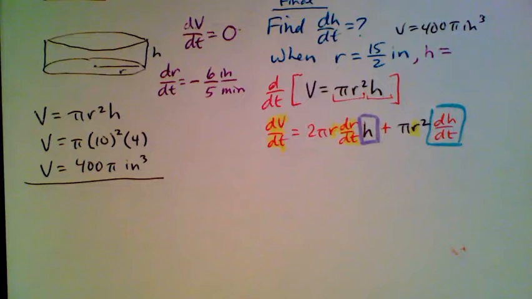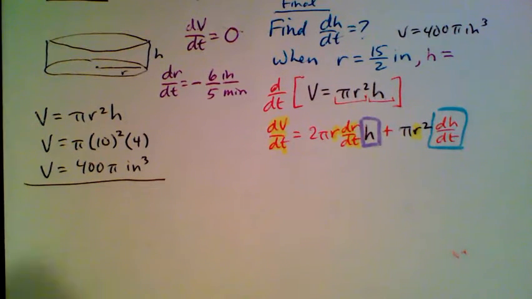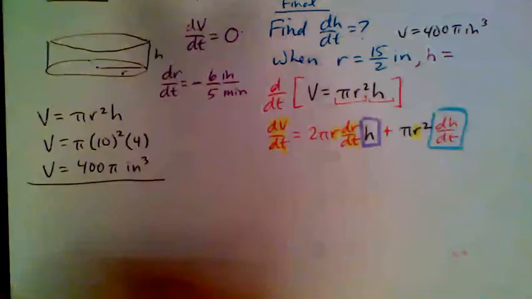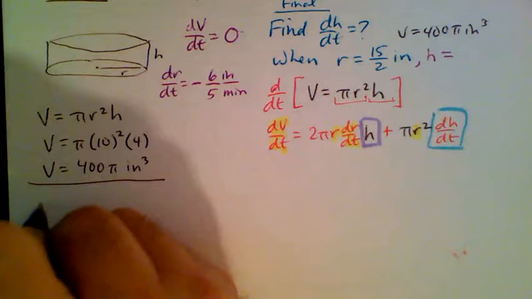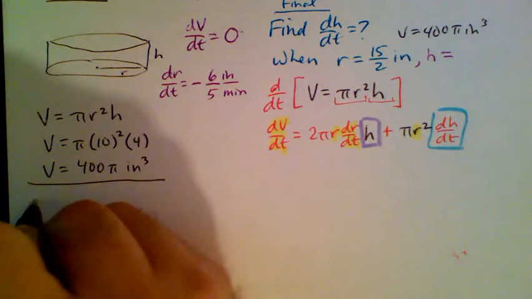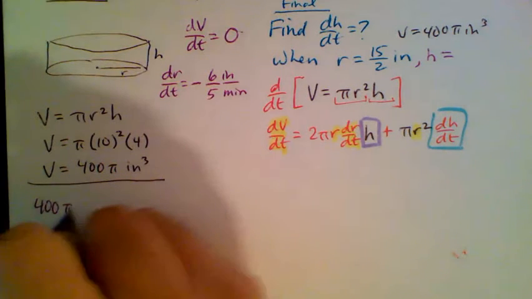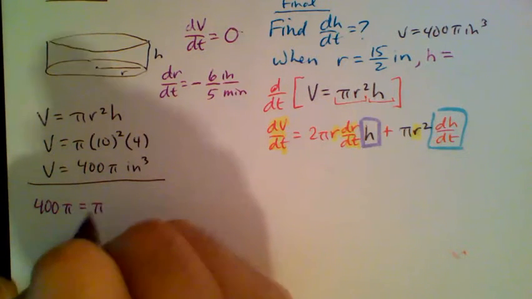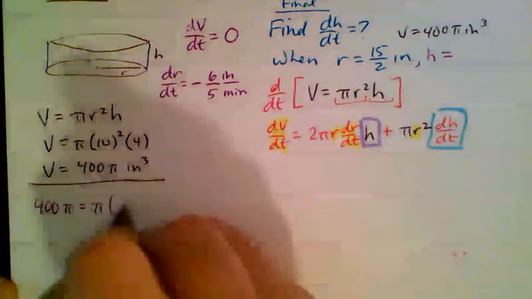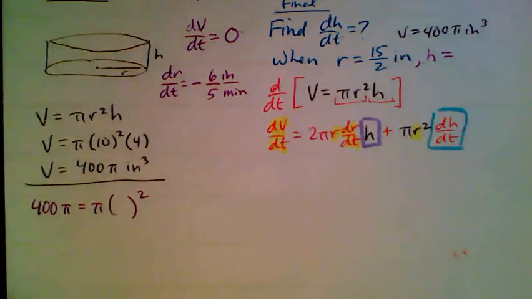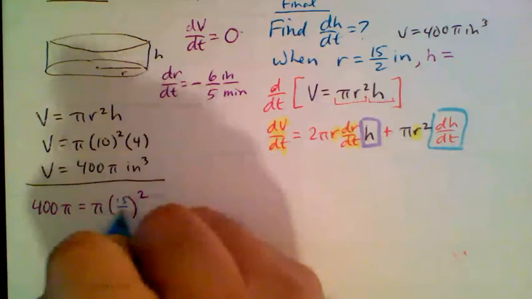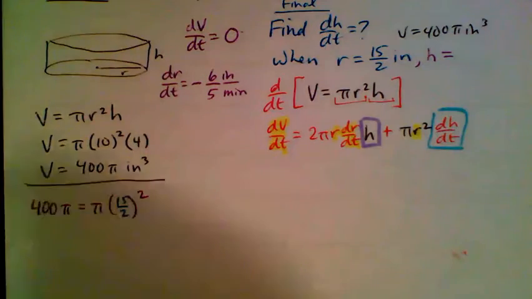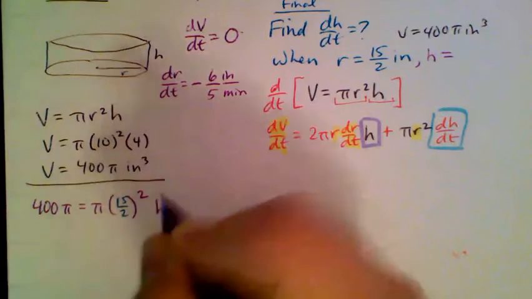So here off to the side in purple, we'll do the algebra and arithmetic to find h. So we have 400 pi equals pi times r squared, and our radius is 15 over 2, r squared times h.